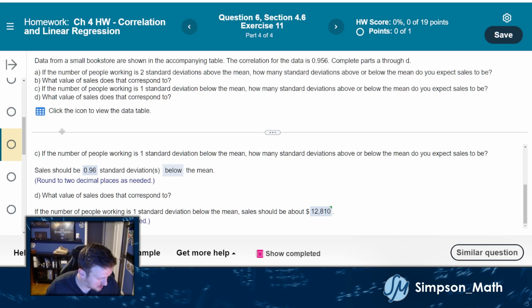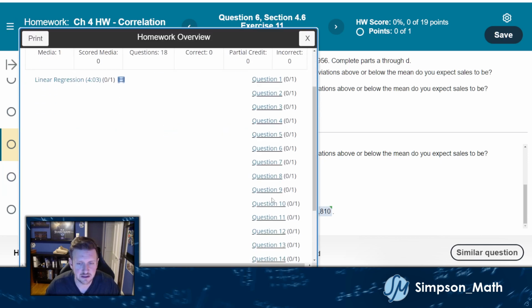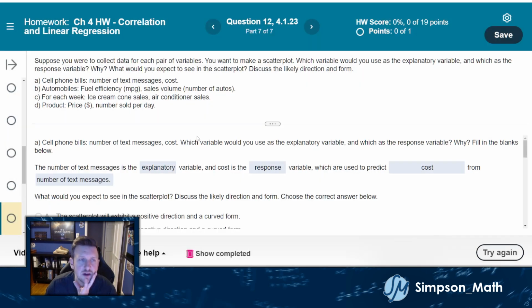Next, we're going to do these last two, which don't have any need for any tech. There's just a few things I wanted to talk about real fast. On number 12, I just wanted to talk about the number of text messages. This question's a bit dated because, in case you're wondering why we have a limited number of text messages, at some point we had to pay per text message.